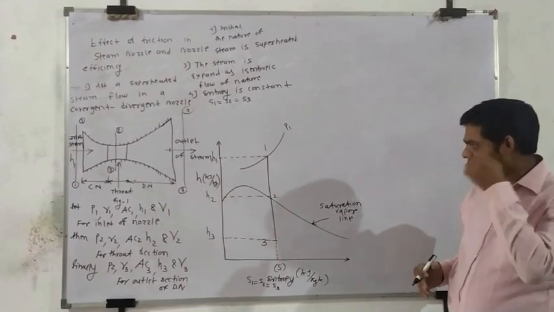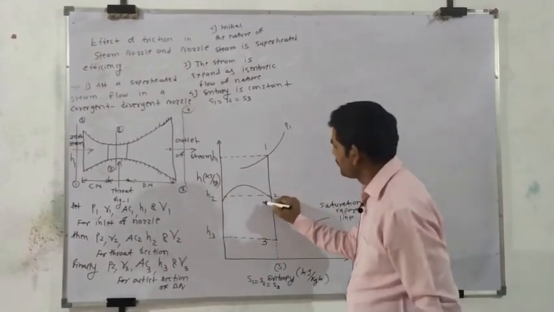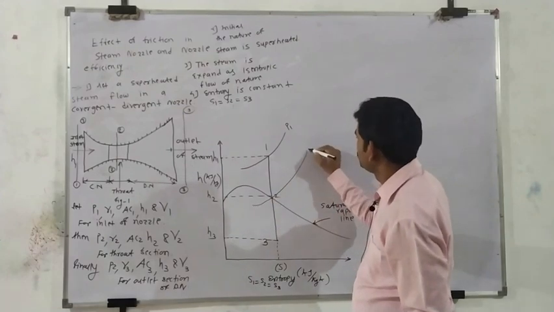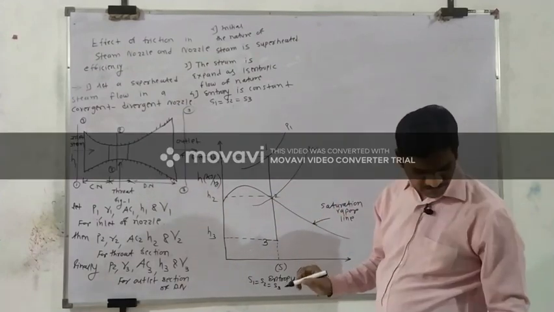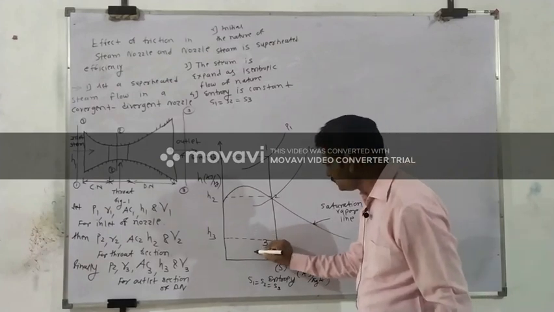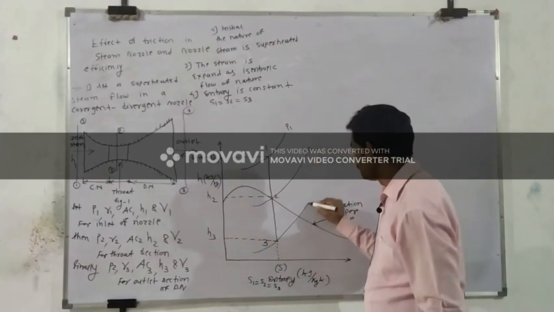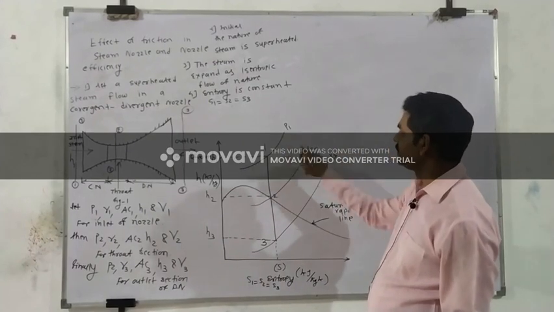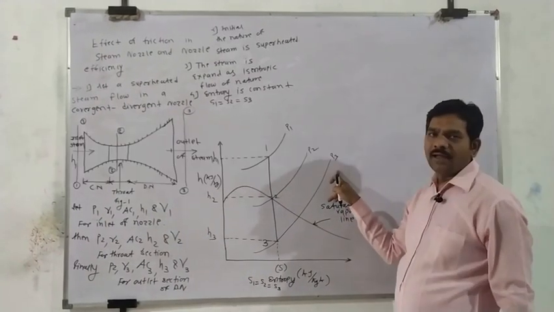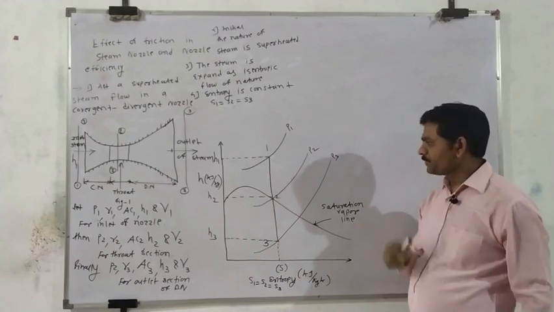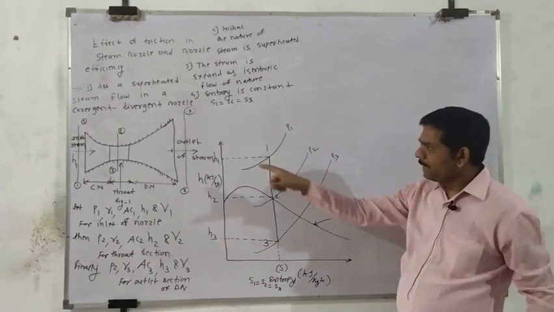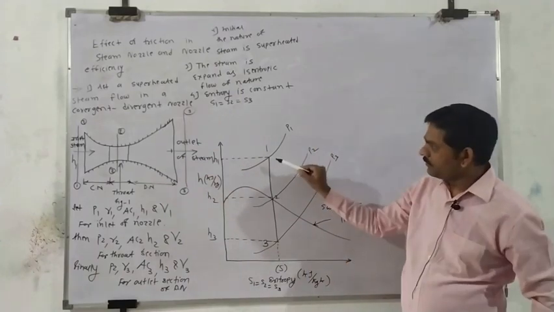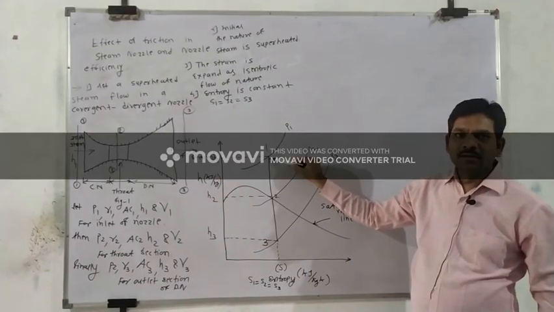Then we draw the pressure line here, another pressure line. This is the pressure line P2. Then this is the pressure line P3. We know that all pressure lines are parallel to each other: inlet pressure, throat pressure and exit pressure of the steam. So if you observe here, when the steam expands in a nozzle, initially what type of quality?